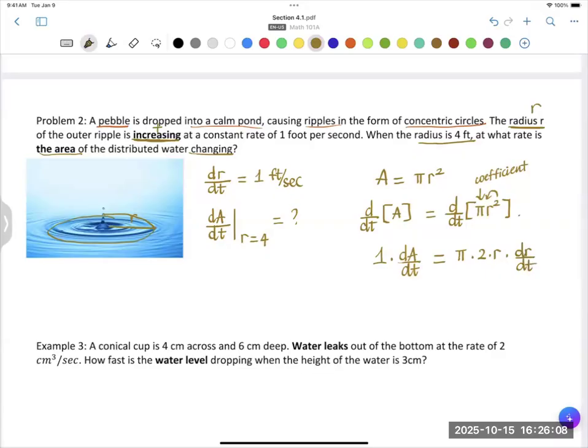So in this section, every variable that you differentiate with respect to time will have the chain rule. You have to multiply by dr over dt. Just like when you do implicit differentiation, you have dy over dx, which must be added when you take the derivative with respect to y. Let me go back to that one.